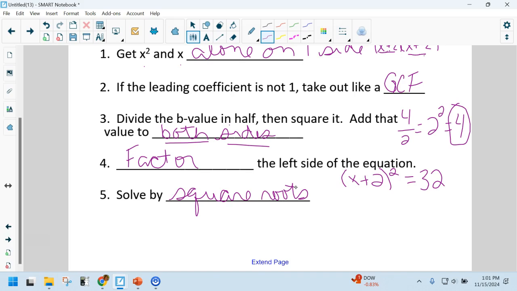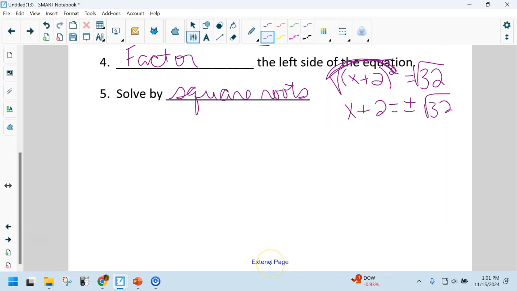So at this point, we are completely back to what we have been doing. We can square root both sides. Squares and square roots cancel out. I get x plus 2 equals plus or minus root 32. And then we just break that down, 16 and 2.